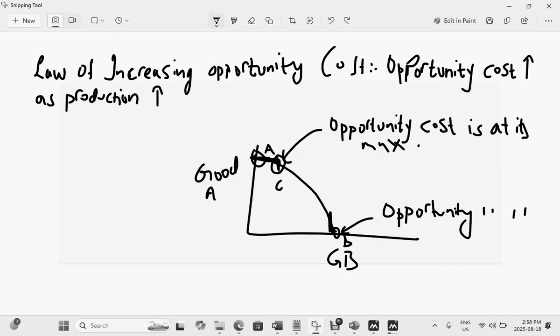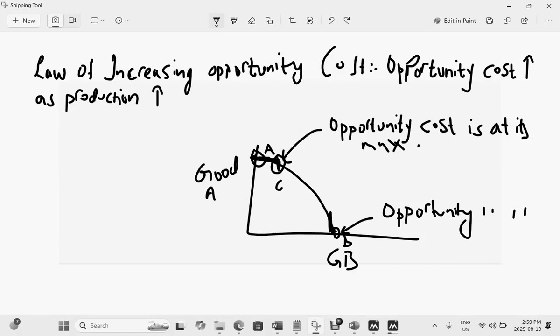If you add a few more units, it won't make a big difference.